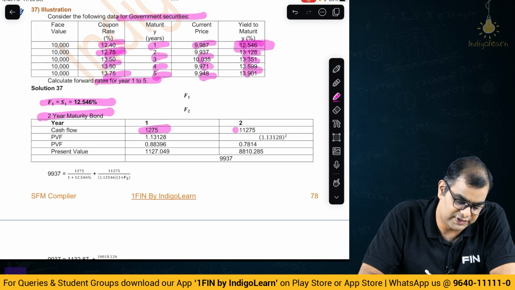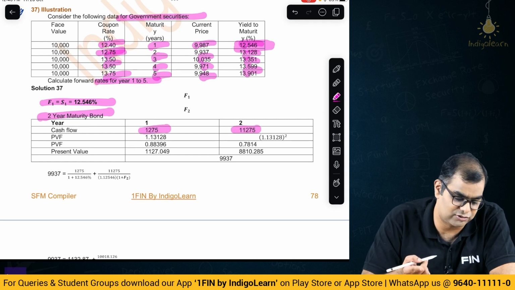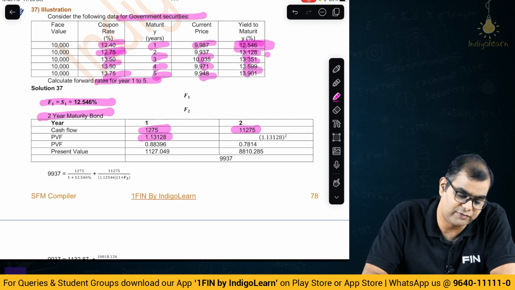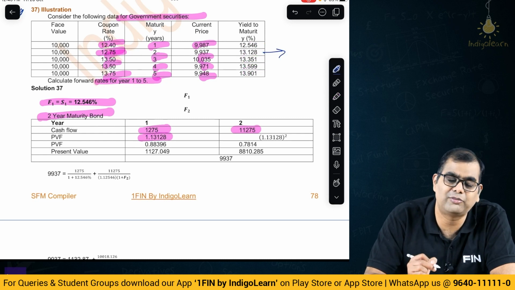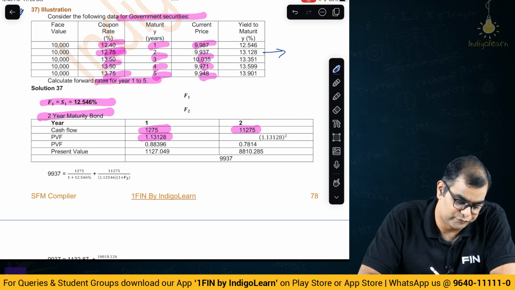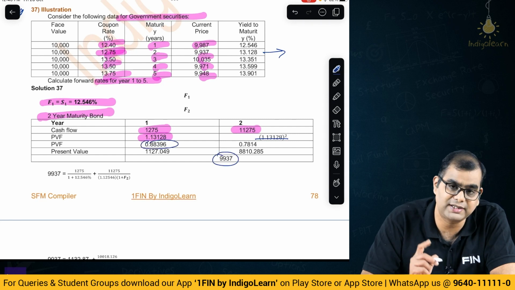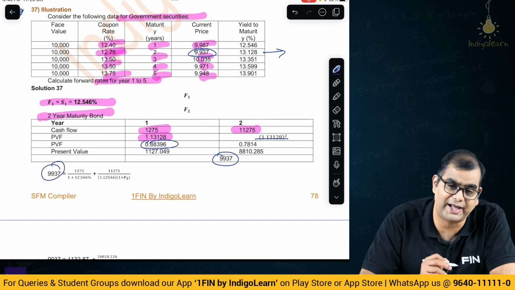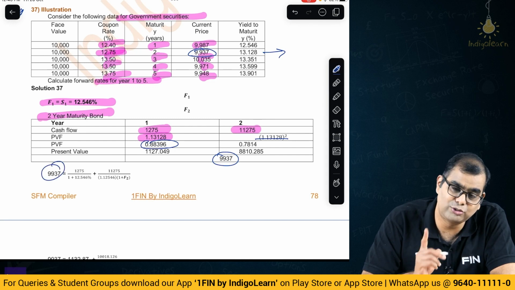So first year 1275, second year 1275 plus 10,000 rupees which is coming back, and the present value you have computed at 13.128%. You computed 13.128 because that is the 2 year discount rate. By taking 13.128%, you get the value of the bond as 9937, right? But this 9937 has to be arrived at by using two different rates.